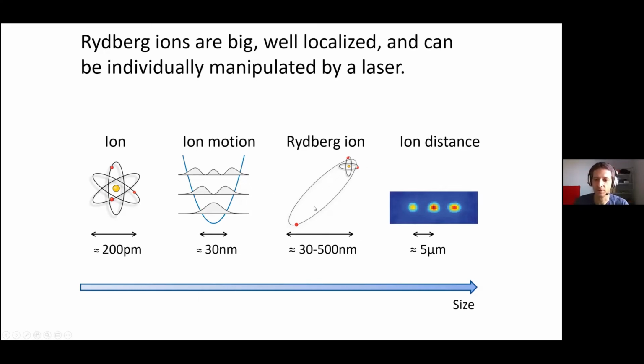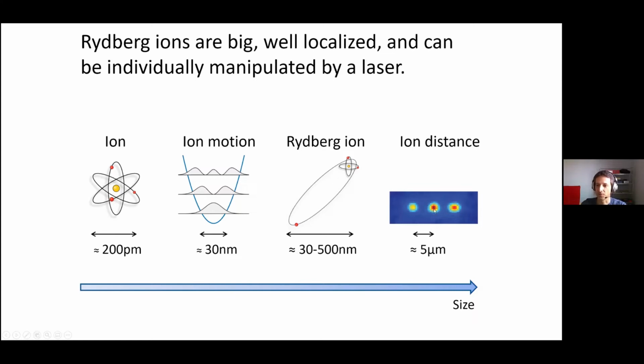If you go to typical Rydberg states of n equal to 50 or so, principal quantum number, then you have a few hundred nanometers of electron wave function size, which is of course much bigger already than the ground state wave packet of the ion motion. So one has to take that into account when looking at the physics of the system.